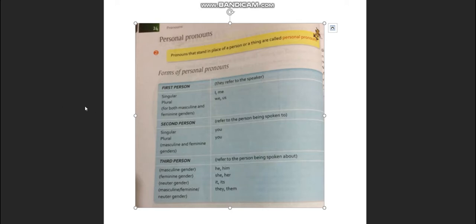So now students, when there is first person singular, we can use I or me. Like, I am a teacher. I am your English teacher.